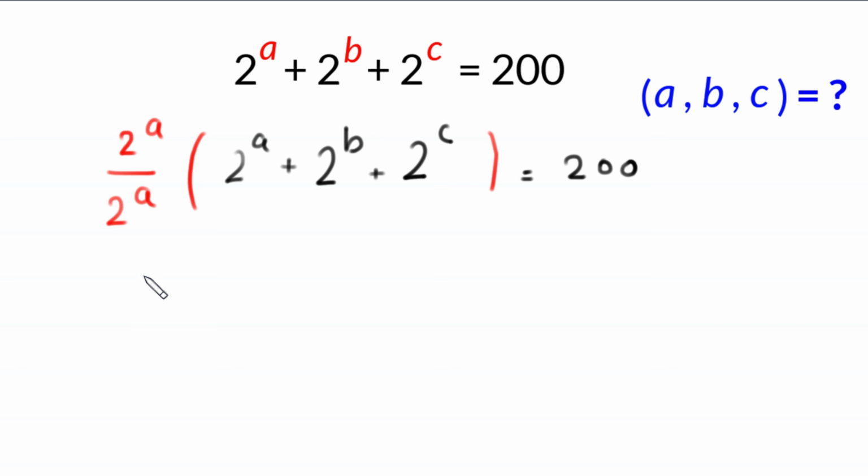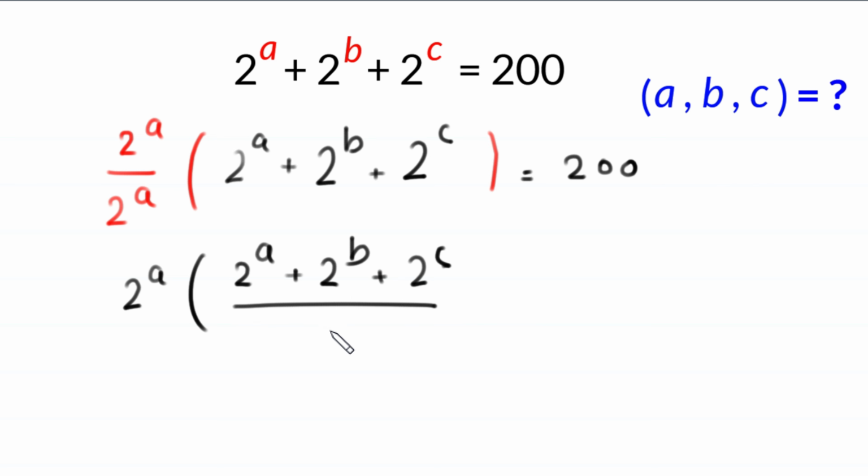So this will become 2 to the power a times (2 to the power a plus 2 to the power b plus 2 to the power c) divided by 2 to the power a equal to 200.